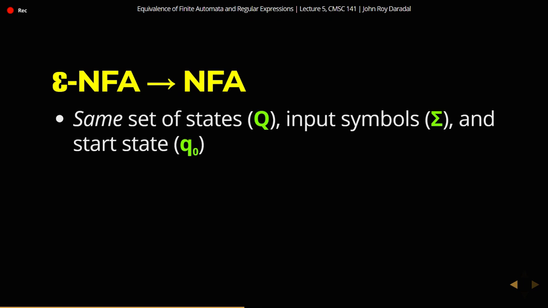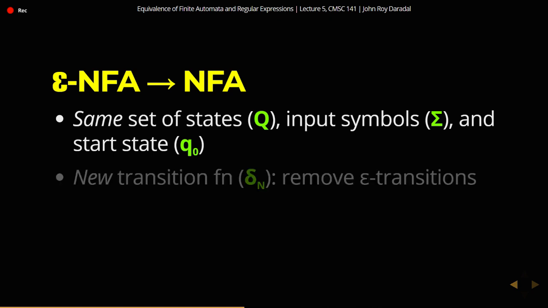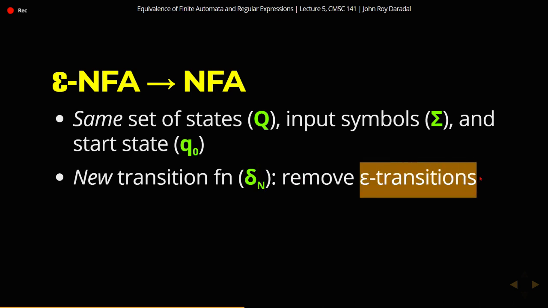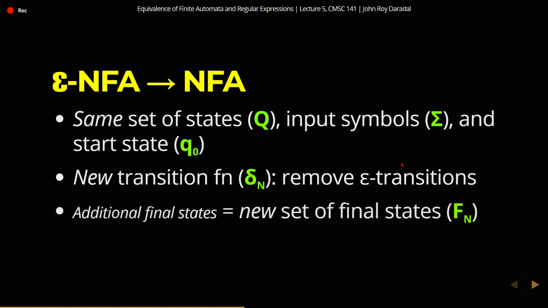So in our conversion, we will keep the same set of states Q, the same input symbol sigma, and the same start state Q sub 0. But what will be different would be the transition function. So the transition function will be new in the equivalent NFA because we need to remove the epsilon transitions. Okay, so there will be changes in the transition function, and because of this, there will also be a new set of final states.